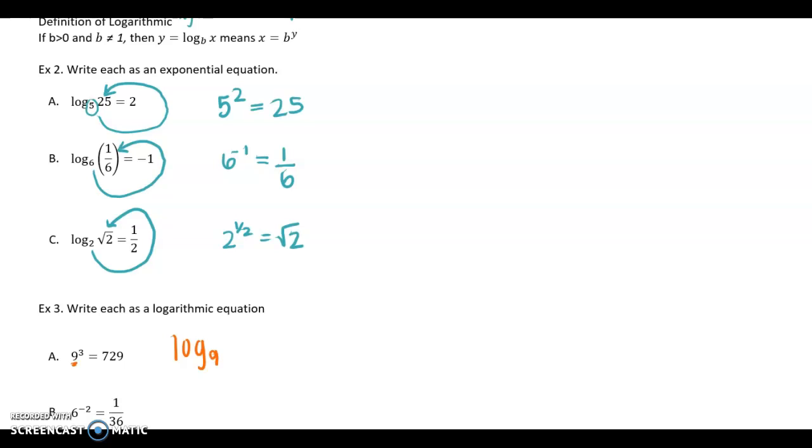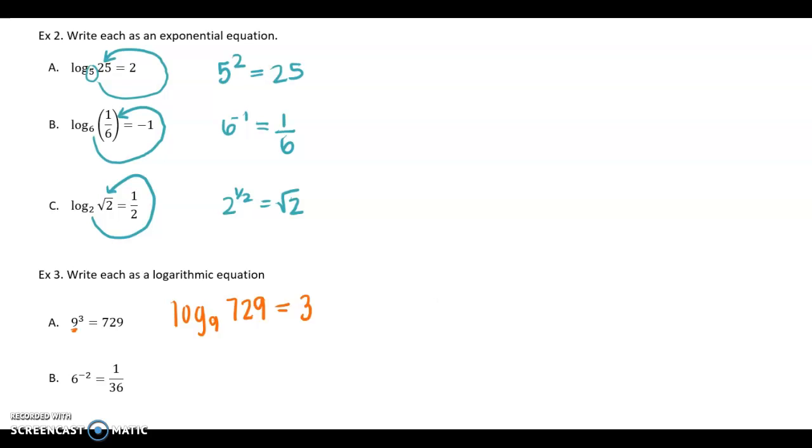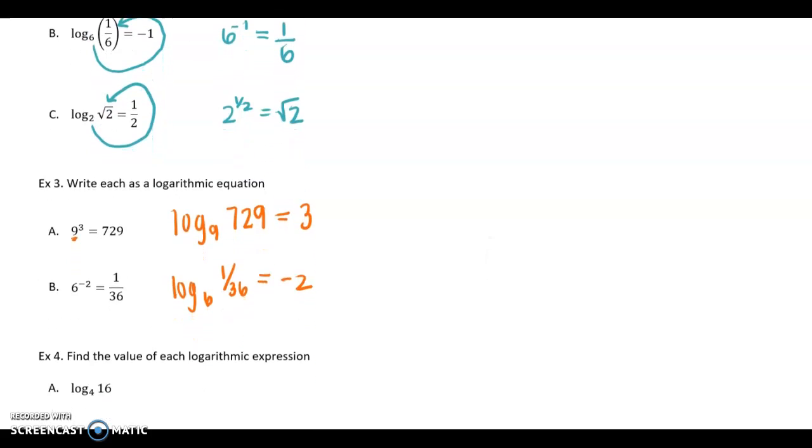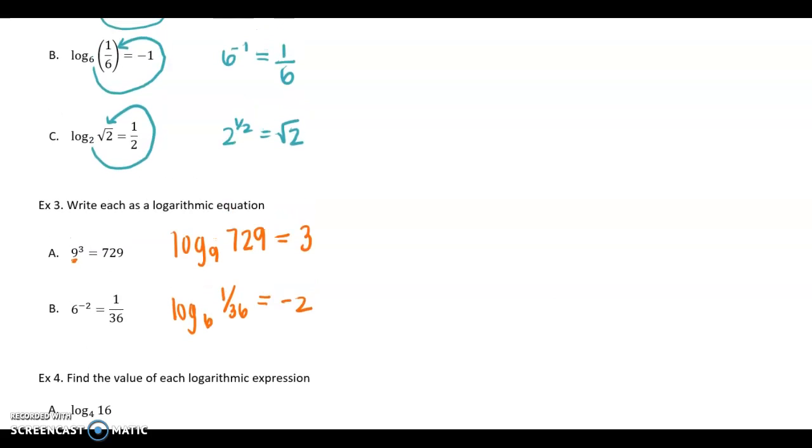And then the 729 goes next, and your log is always going to be equal to your exponent. Alright, we'll do the next one. So log of your base, which is 6, and then what's on the other side of the equal sign, equal to the exponent. That would be log form.